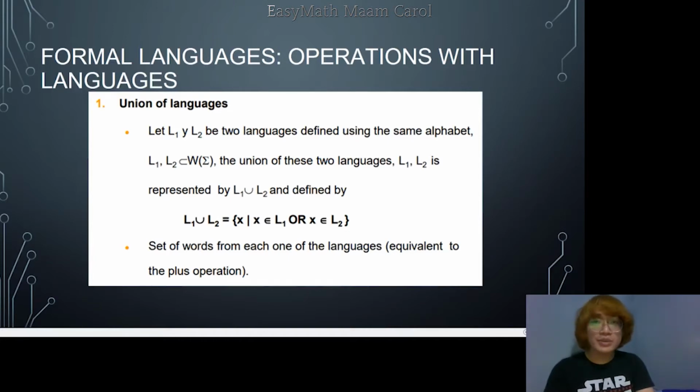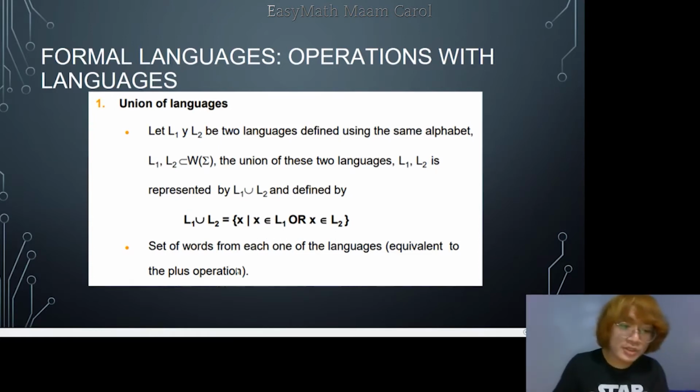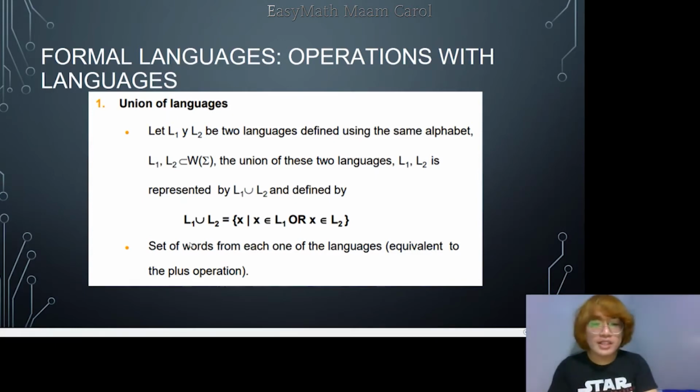It can be represented by this equation: L1 union L2 is equal to the set of X such that X is in L1 or X is in L2. So it is the set of words from each one of the languages. Basically, they are the combined languages from both L1 and L2.